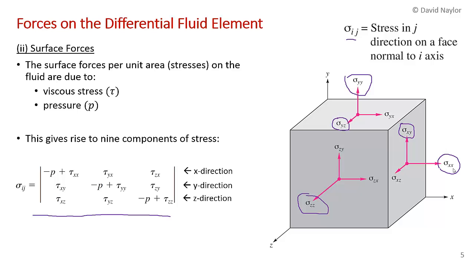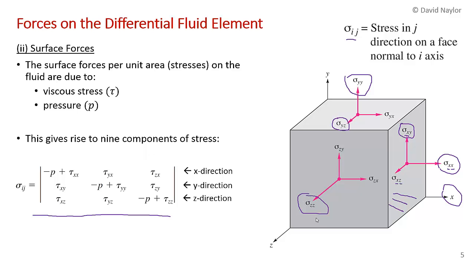On this face here, which is normal to the x-axis, you'll notice the first subscript in all these stresses is x, because that tells you it's acting on the face normal to the x-axis. And then the second subscript tells you the direction of the stress. So y acts in the y direction for this one, acts in the z direction for this one, and acts in the x direction for this one. So we end up with 9 stresses.